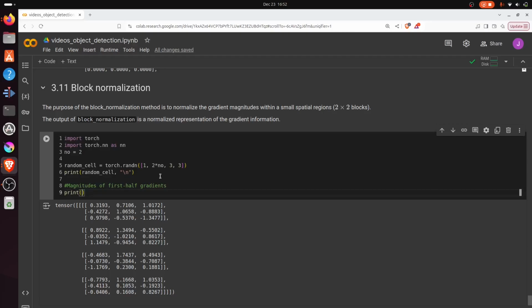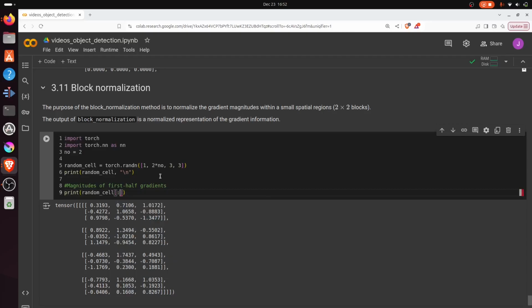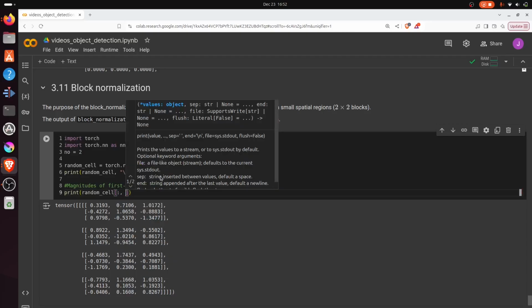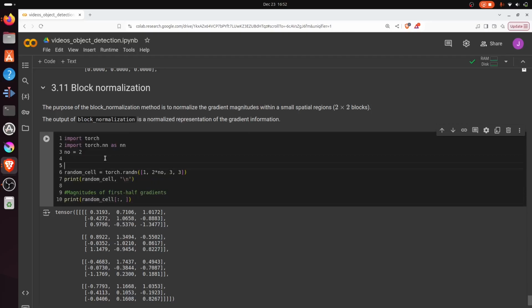We're going to write the following. Because we called it random cell, we are going to slice through this random cell. Basically we want to take the original number of batches, and let's recall the shape of what that means.